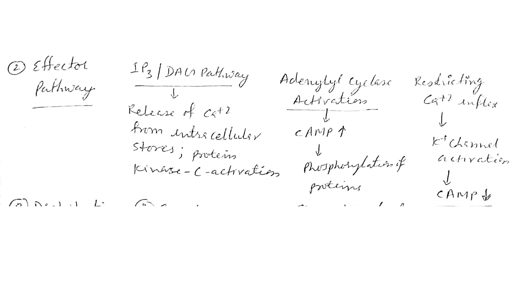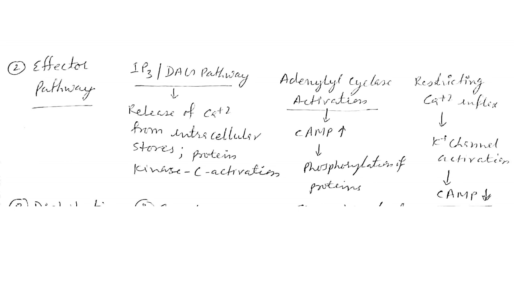So the protein kinase will be activated, and that is why they exert their action. Histamine binds with the H1 receptor, and through the IP3-DAG pathway it releases calcium ions, and these calcium ions are responsible for contraction of the cells. Where these H1 receptors are present, contractions may take place.